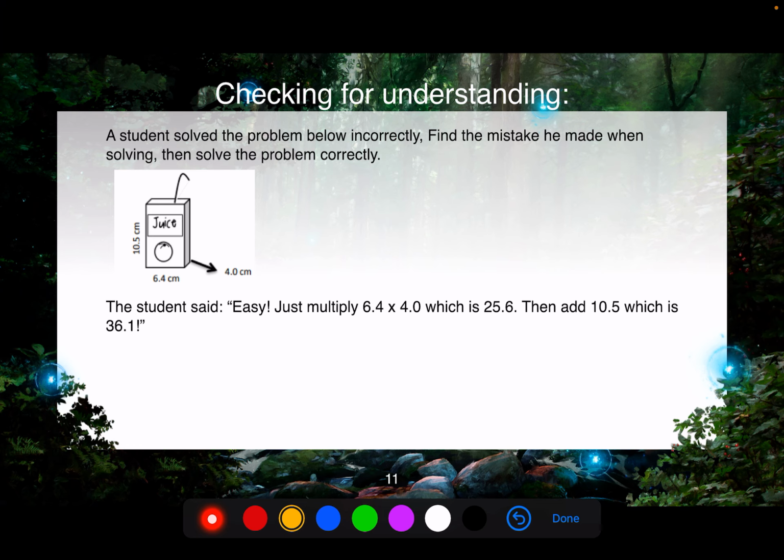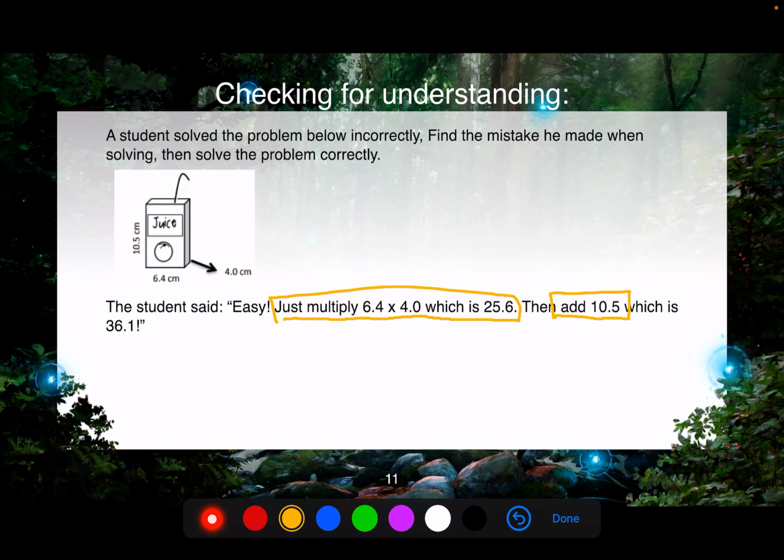So these are the steps that the person did. So he multiplied these two, and it gave him this answer, okay? And then he added this, what was the mistake he made, okay?